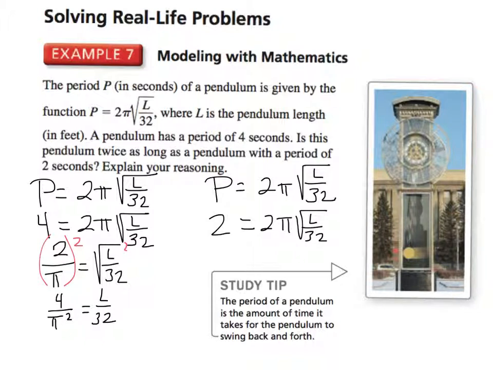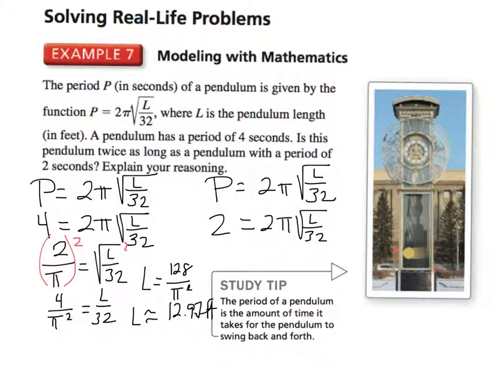I now multiply both sides by 32. That gives me L equals 32 times 4, which is 128, divided by pi squared. Well, I need an actual length. That gives me approximately 12.97 feet.